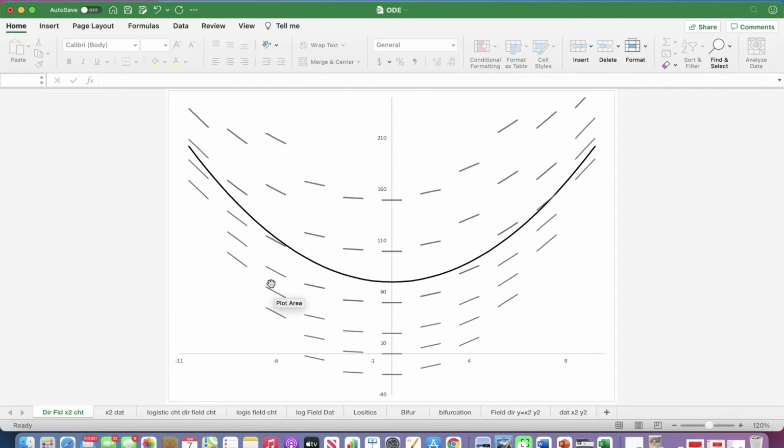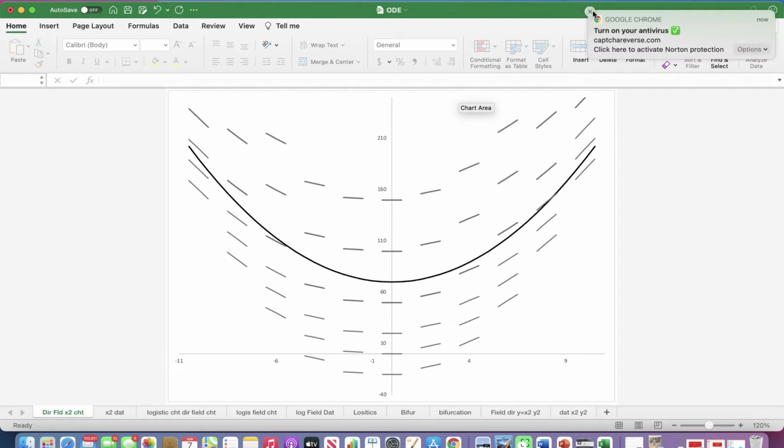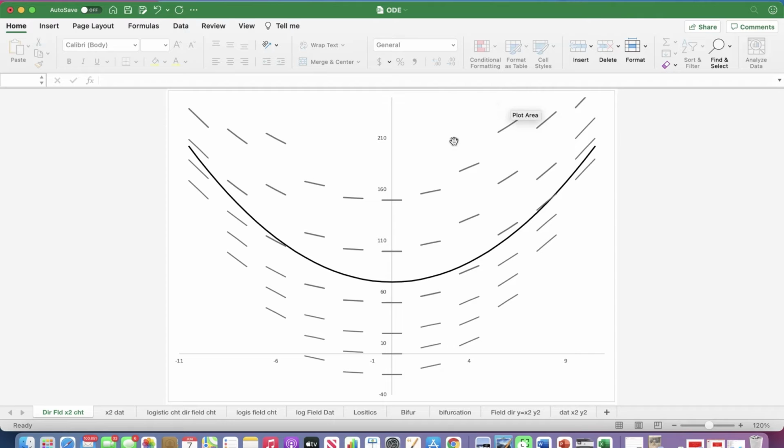So even though, let's say, we weren't able to solve the particular integral that yielded the parabola y equals x squared, the directional field, the slopes, give us plenty of information about the function that we're dealing with, even if we weren't able to integrate it. I think that's pretty cool.